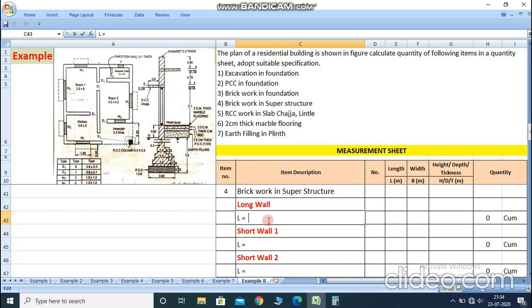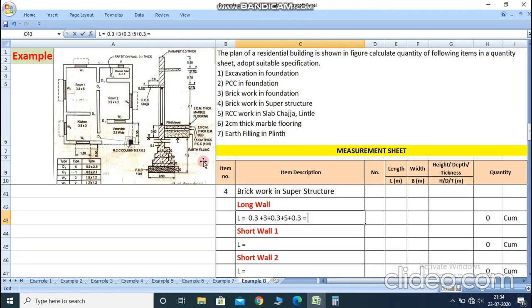So right here 0.3 for the wall thickness, then 3 meter, so we write 3 plus 3 plus 0.3 is the wall thickness, plus 5 plus 0.3.